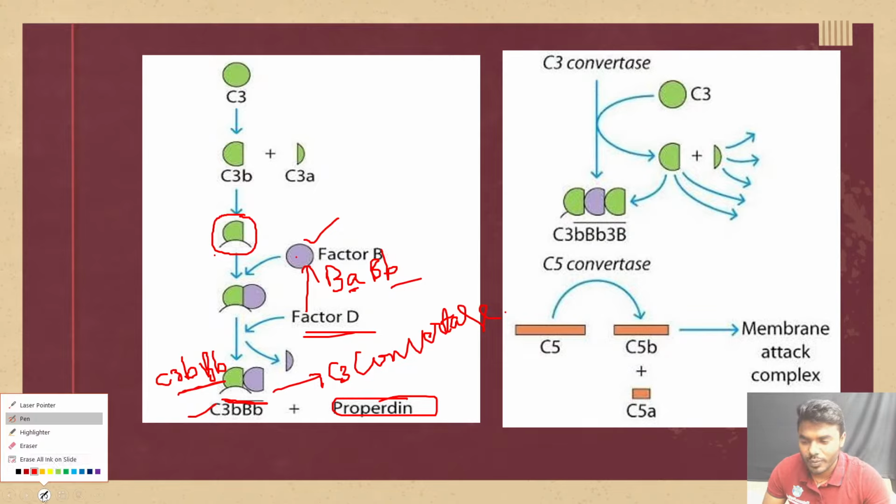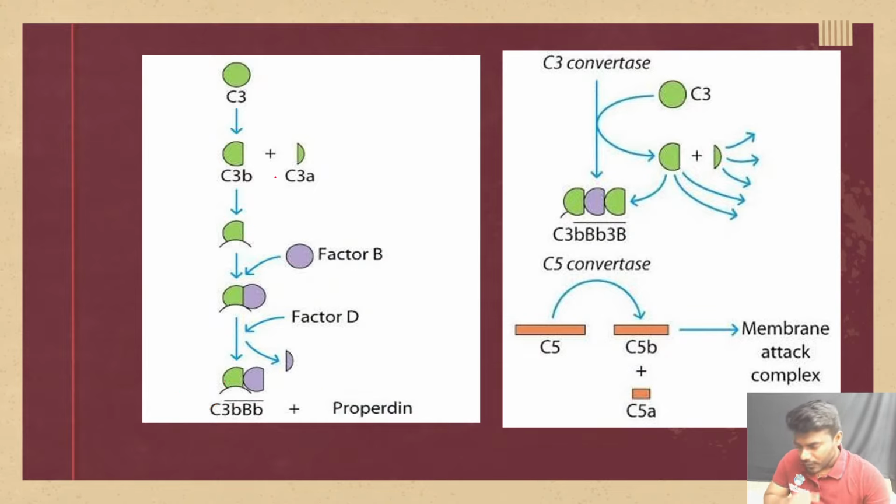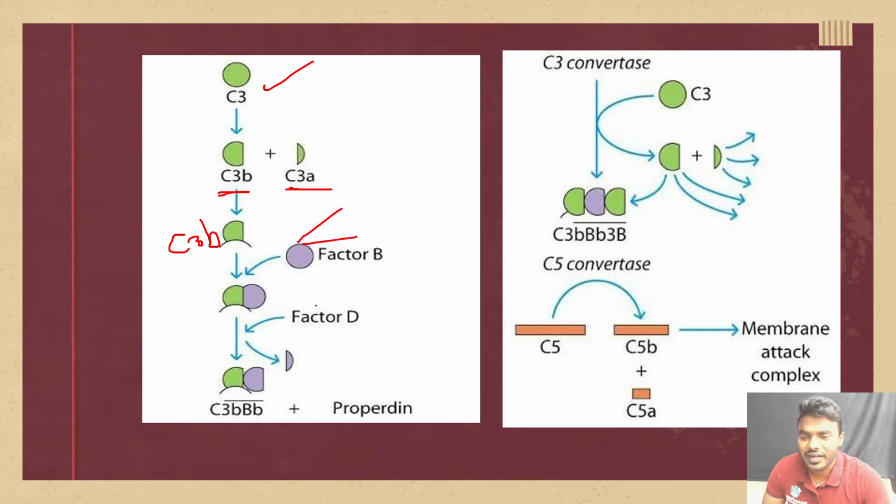So once again, whoever did not understand, focus. The alternate pathway will always start with the complement 3 molecule. Complement 3 undergoes spontaneous hydrolysis and gives rise to complement 3A and complement 3B. Everyone keep it in your mind, friends. This complement 3B can be treated with the factor B. First of all, how can factor B be broken down?